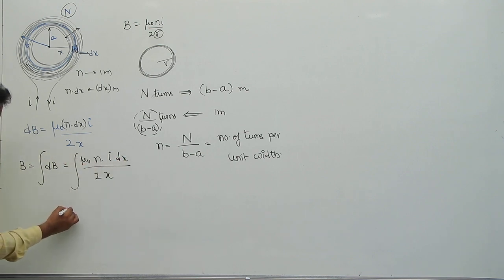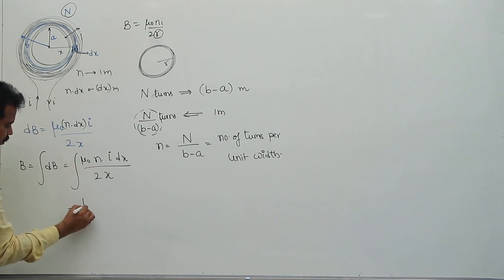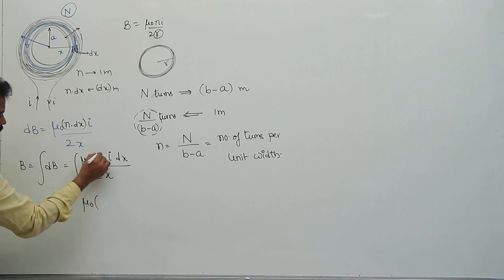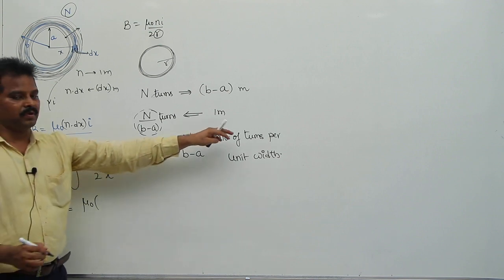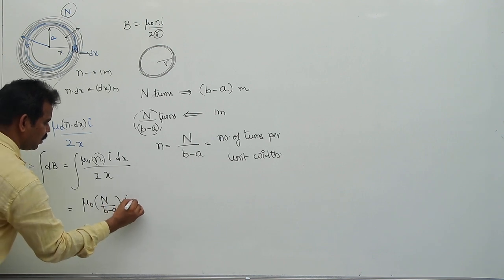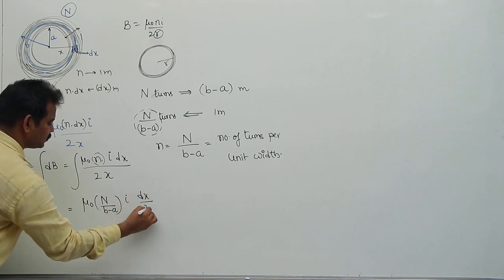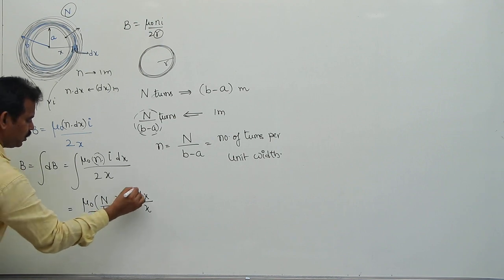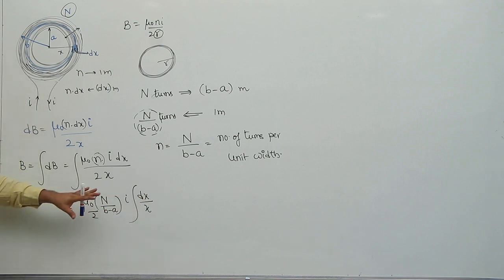So what are the common points here? Mu naught, and what is n? That is the number of turns per unit width, that is N by b minus a, into I into dx by x by 2. So these are the constants. I brought them outside.